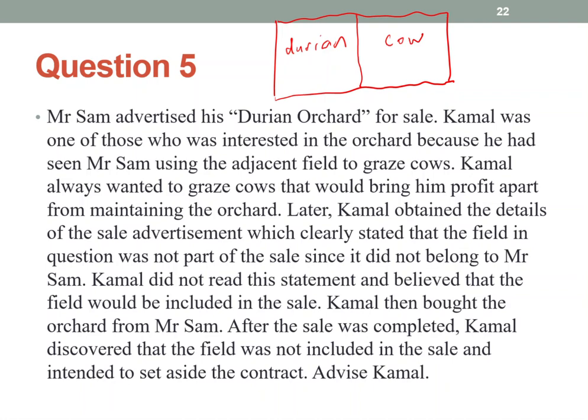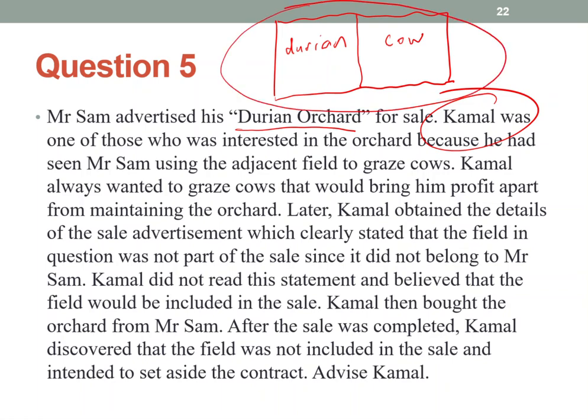Sam advertised the durian orchard for sale. Now, Kamal thought the sale was for the entire piece of land. So Kamal thought the sale was for the entire piece, the durian orchard and the cows. But the sale was actually only for the durian orchard.